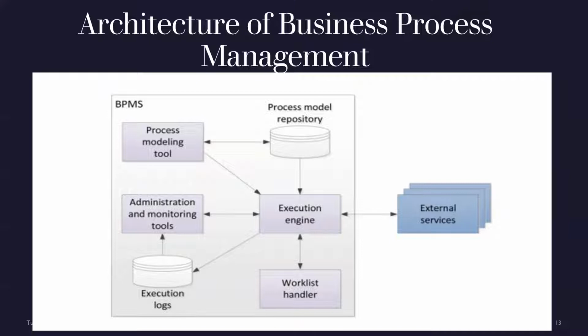As you can see, execution logs, administration, and monitoring tools are connected to the execution engine, and the execution engine is connected to the process model repository, which is connected to the process modeling tool, and all this structure is connected to external services. So we can say that it is all interconnected, depends on each other, and makes the work easier.